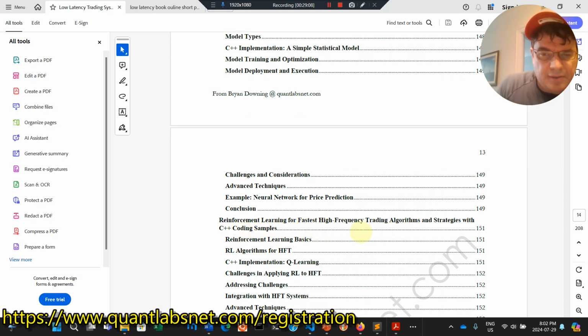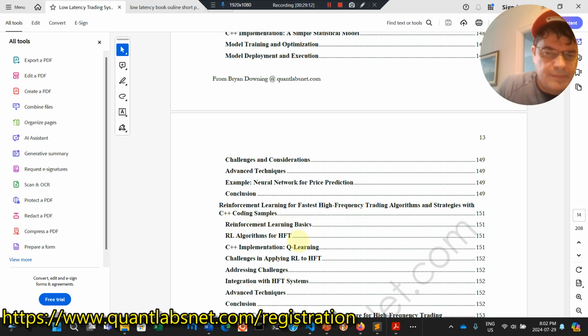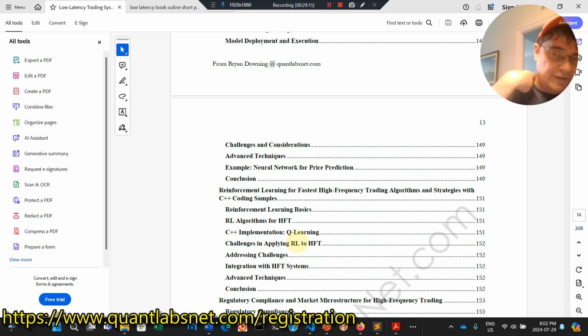Reinforcement learning for HFT, fastest high frequency trading algos and strategies with C++ coding samples. So you can imagine if I was to actually build a system to show this, a system with full production ready code, this would be worth a lot of money. And I'm not talking a few thousand.